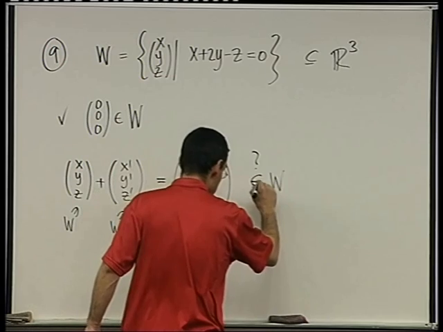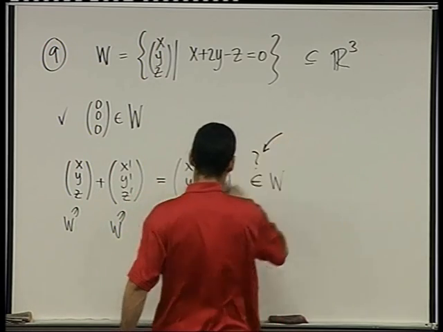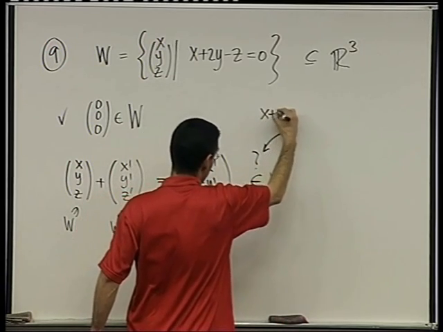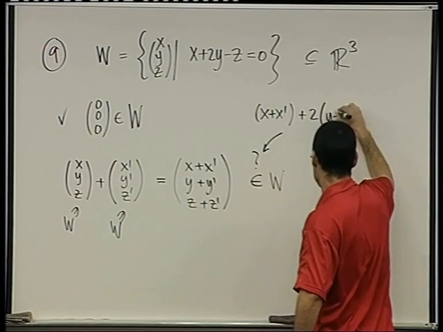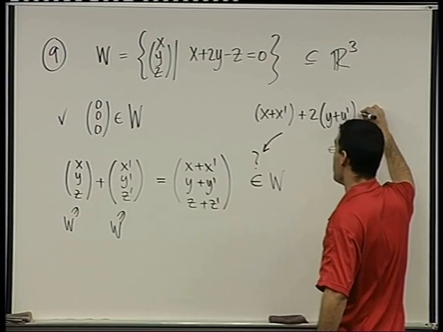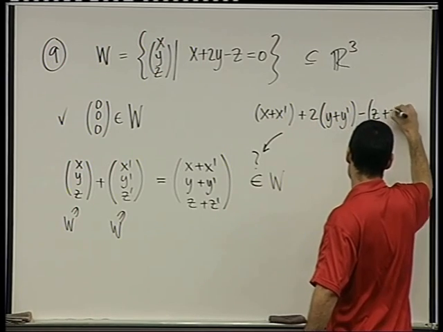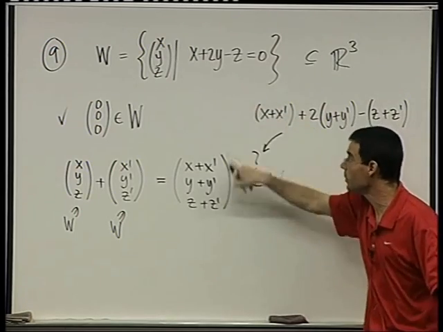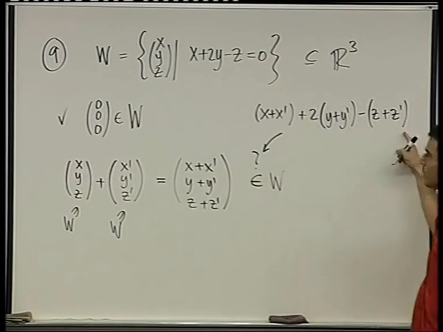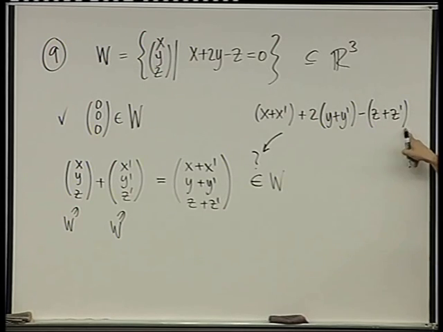Okay, so let's do it. This is indeed true because x plus x prime plus 2 times y plus y prime minus z plus z prime, that's what we need to take, right? This is the first entry plus 2 times the second entry minus the third entry. If this is 0, then it's in W. Do you agree? Yeah.